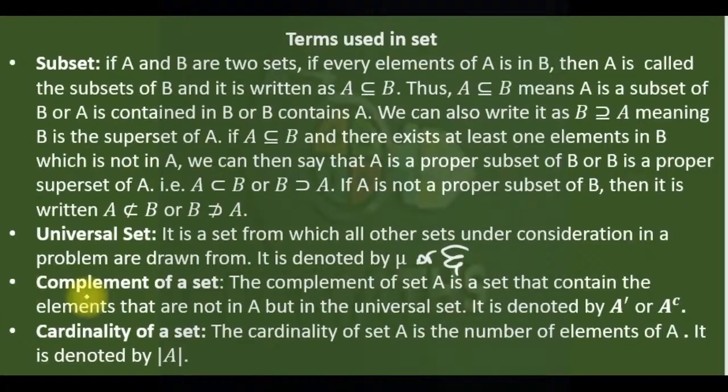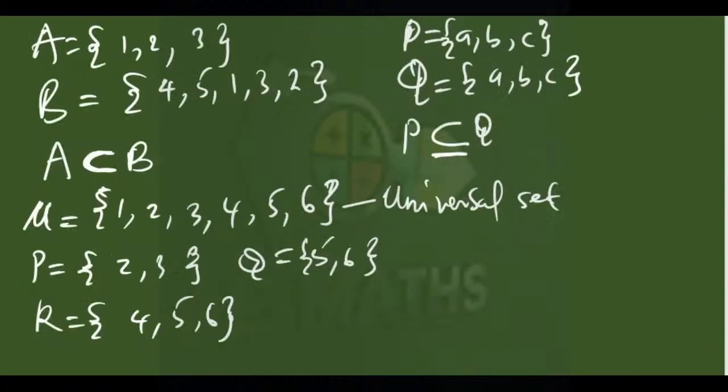Now, complement of a set. The complement of set A is a set that contains the elements that are not in A but in the universal set. It is denoted by A prime or A raised to power C. Looking at our universal set, P has elements 2, 3.